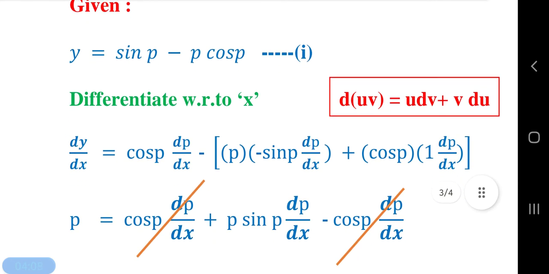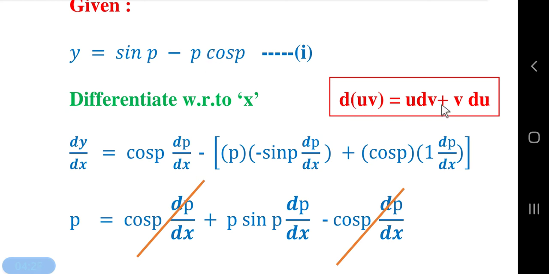Now we are going to differentiate with respect to x first. So y becomes dy by dx, and derivative of sin p is cos p dp by dx, minus this here p cos p. Here both are variables, p itself a variable and cos p is a variable.